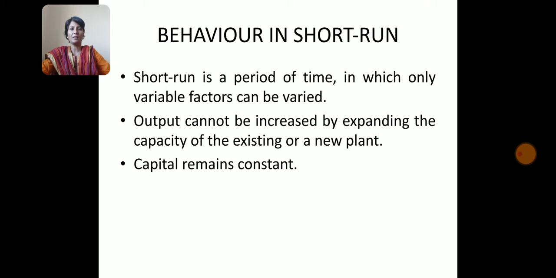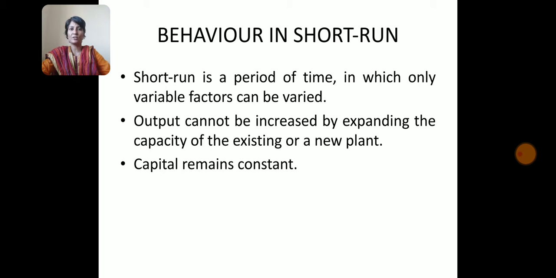It is a period in which the firm cannot change its plant, equipment, and the scale of organization. The output cannot be increased by expanding the capacity of the existing or a new plant.